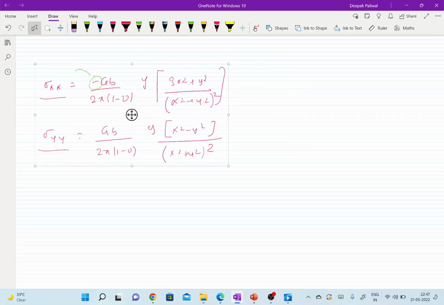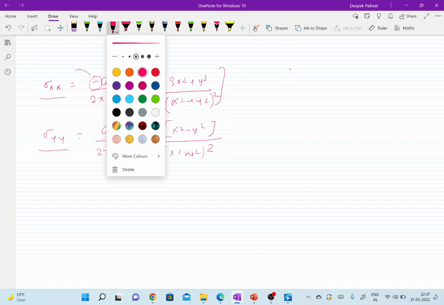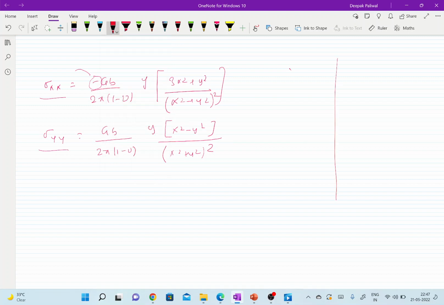Okay, so now let me draw the xy coordinate again. The color is changing from here. Let me draw some lines here. Okay, this is my x, this is my y, this is negative x, this is negative y. Here x is greater than y, here x is less than y.